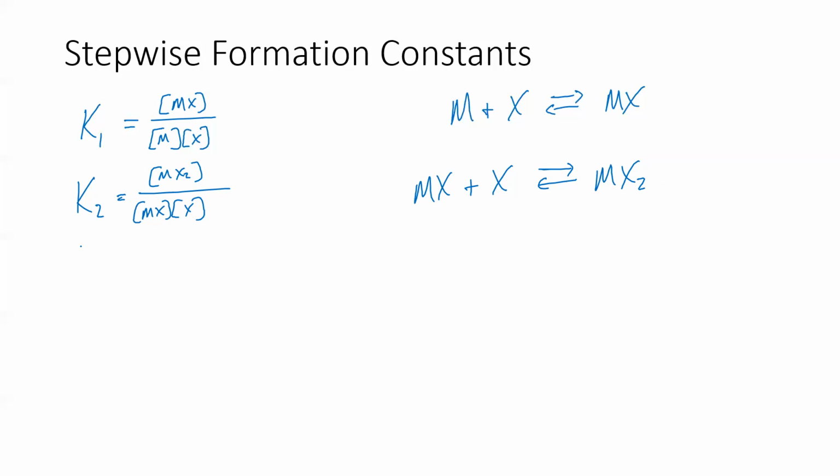And we could add on as many X's as we'd like. So n, right, would be MX of n, times n minus 1 on the bottom, times X. And so maybe we're adding 6 of them, and we don't want to write out every single one of these.